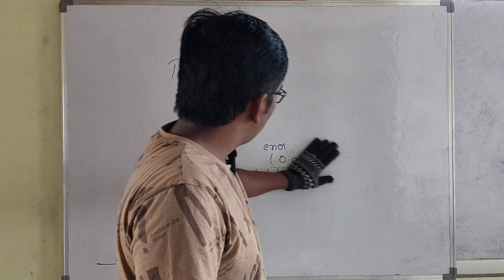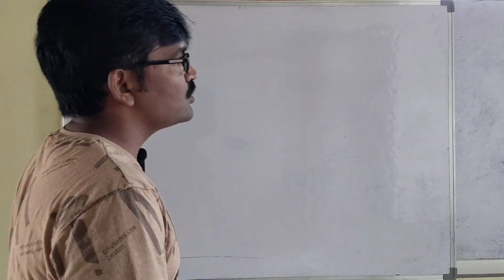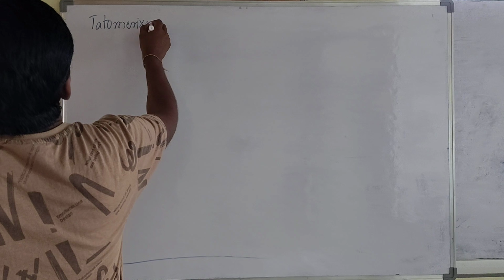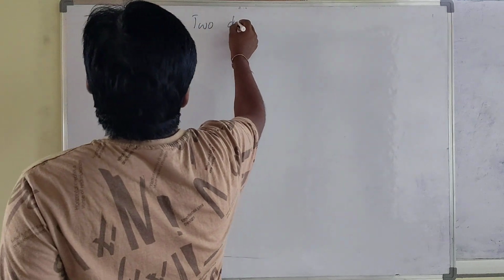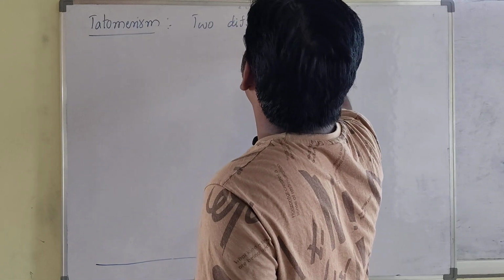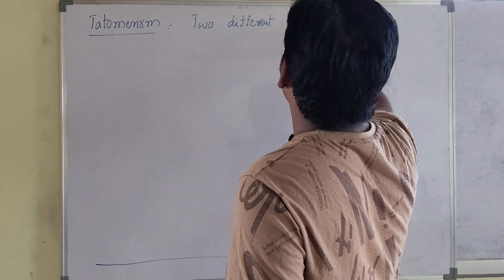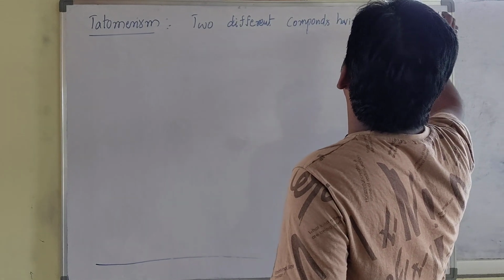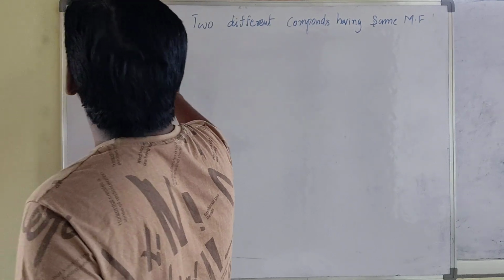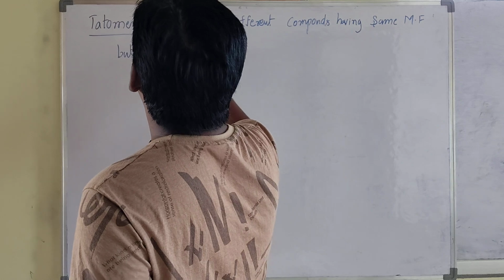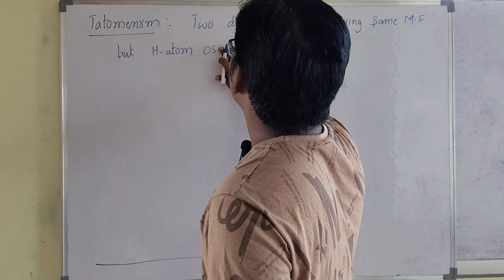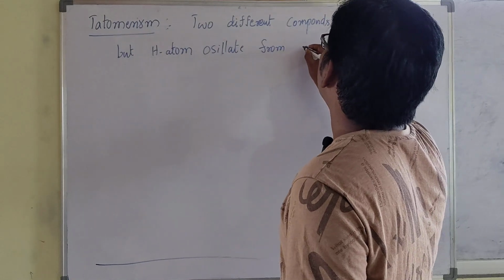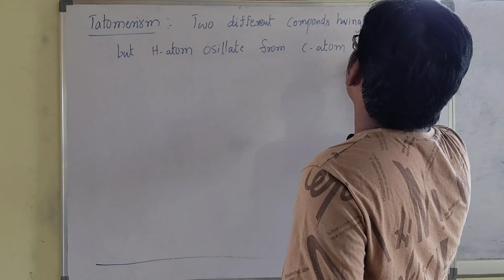So tautomerism is nothing but two different compounds having the same molecular formula, but the hydrogen atom oscillates from the carbon atom to the oxygen atom.